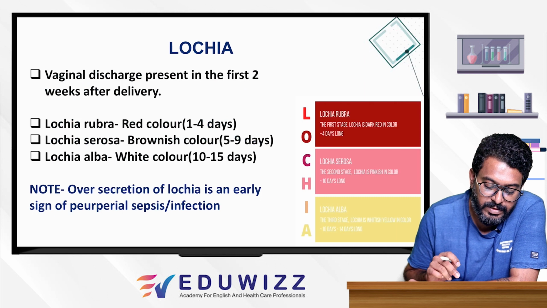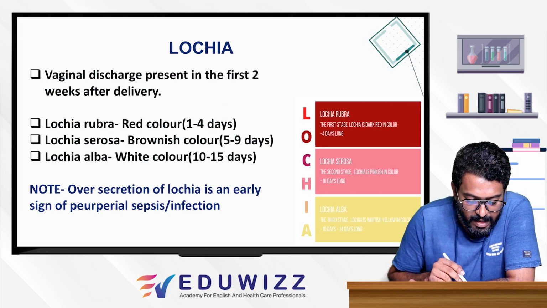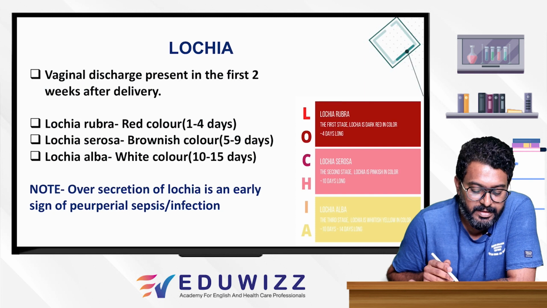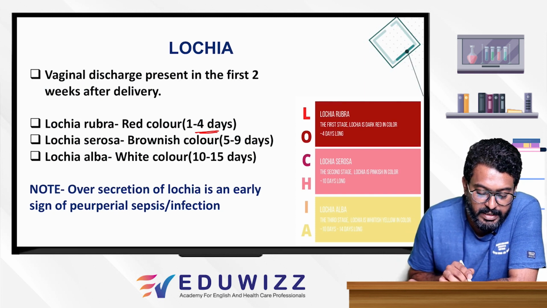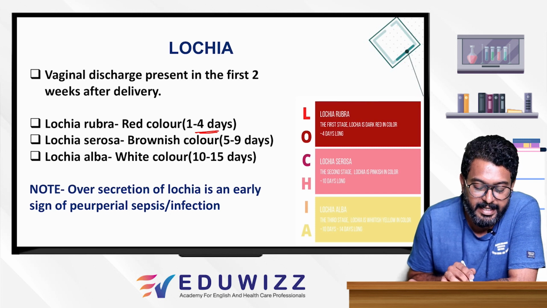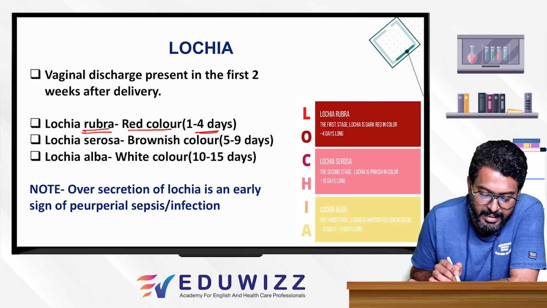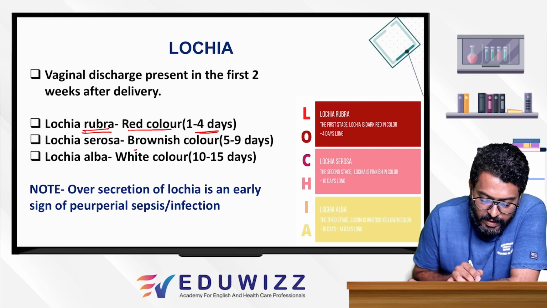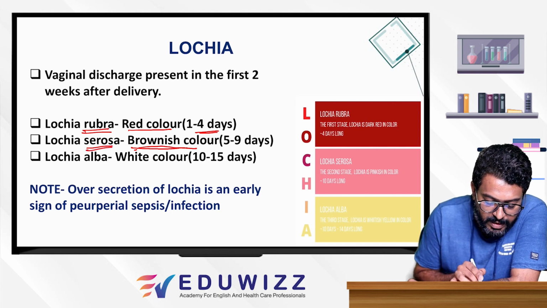Lochia is the vaginal discharge present in the first 2 weeks after delivery. The color of the lochia changes every week or every 4 to 5 days. Let's see in detail. For the first 4 days, it is lochia rubra, which is red in color. For the next 5 to 9 days, it will be brownish or pinkish brown, which is known as lochia serosa.